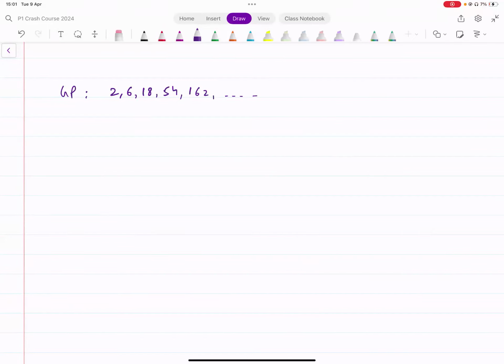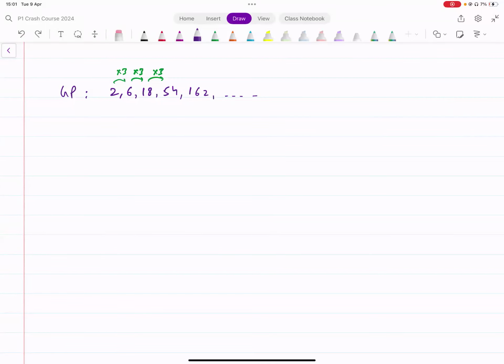Now this as well, you can see, since the values are becoming larger, you have 162, then that multiplied by 3, then that multiplied by 3. This is also going to go towards infinity. So this also does not seem to have a finite sum as such, because the values are increasing.